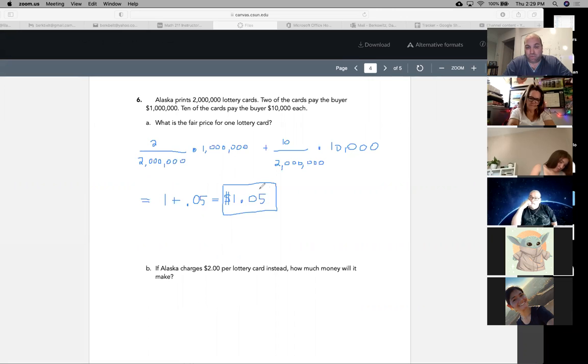Now, if Alaska charges $2 per lottery card, how much money will it make? Well, it's only making 95 cents per card because $1.05 of the card goes to pay out the prizes. So it's making 95 cents per card, but it's also selling 2 million cards.